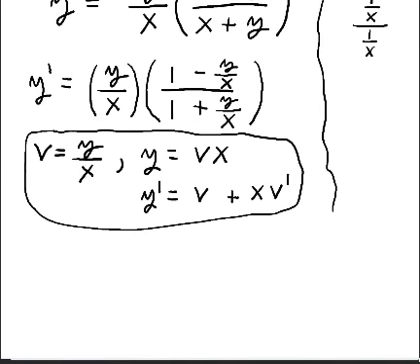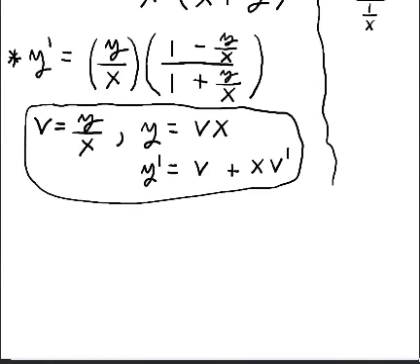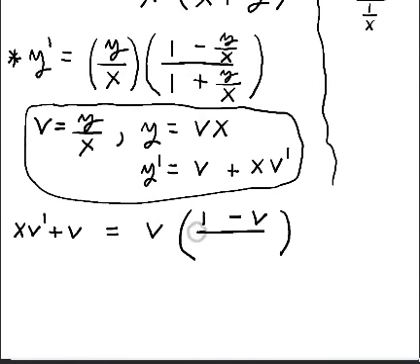Now we can use these three equations to change the form of the differential equation. I'll call it star, the one that we're considering. So doing that, you get x v prime plus v, that's y prime, is equal to (1 minus v) all divided by (1 plus v).